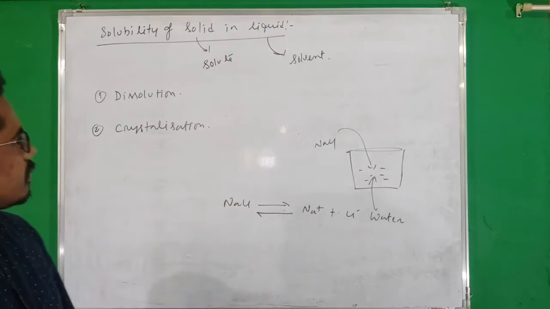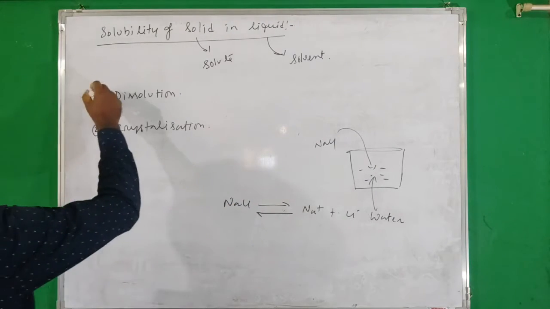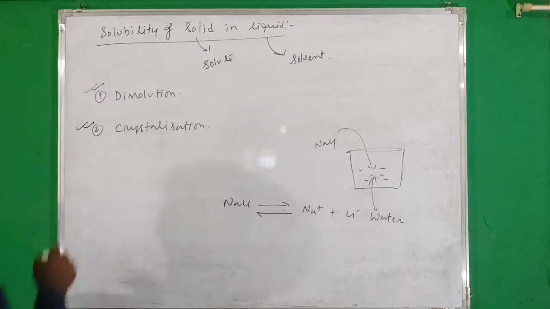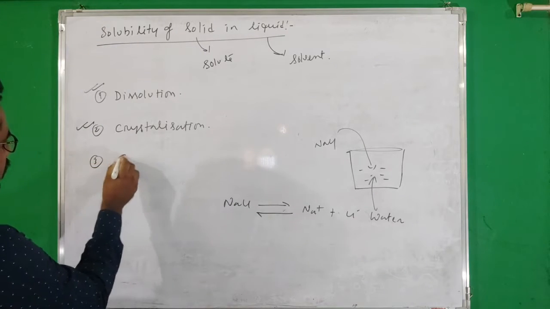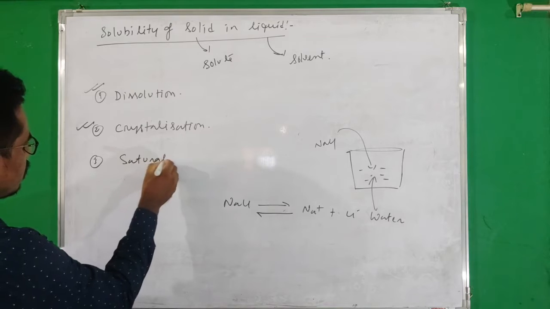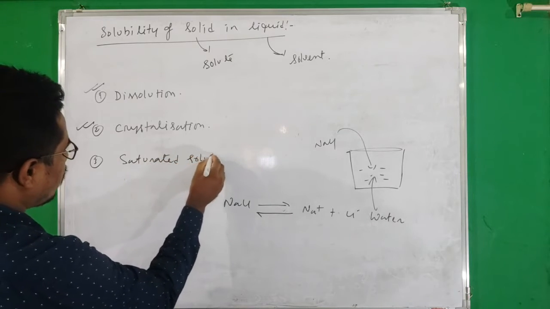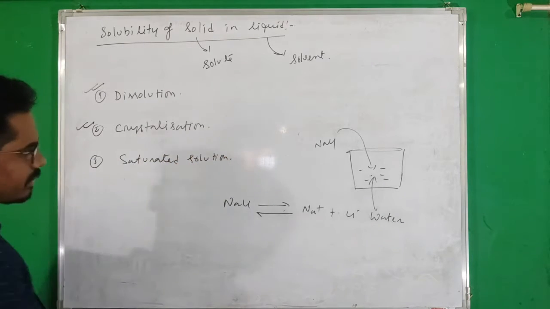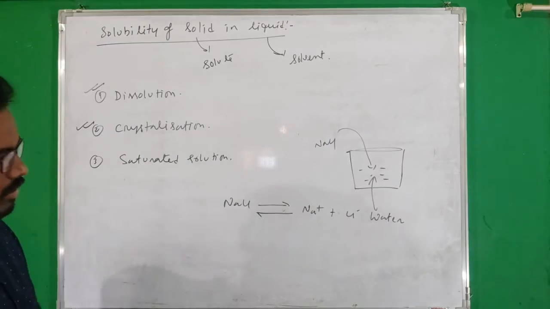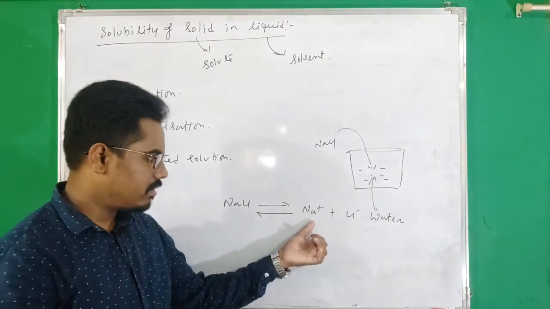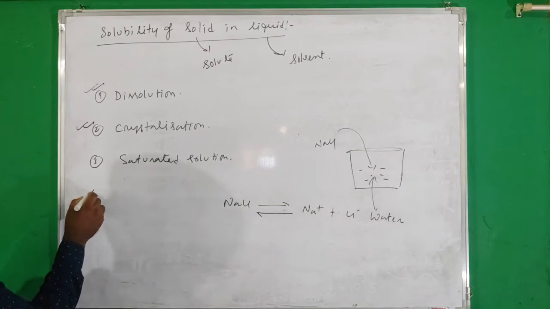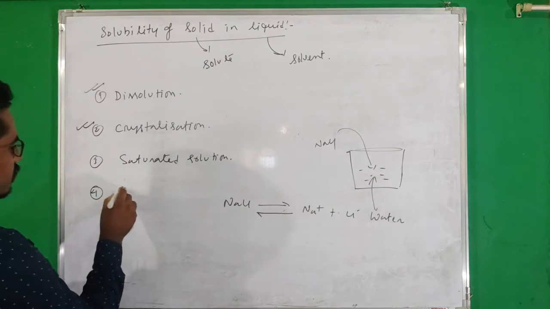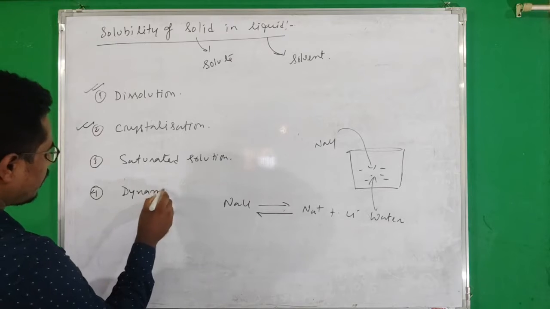So therefore we can say that at first dissolution occur, after that crystallization will occur. Okay, after that saturated solution will form, and in case of saturated solution the rate of crystallization and rate of dissolution both are equal, and an equilibrium is established. That equilibrium is known as dynamic equilibrium.